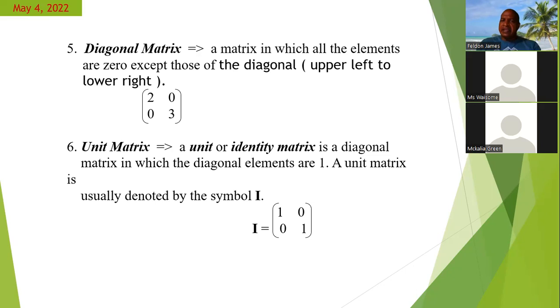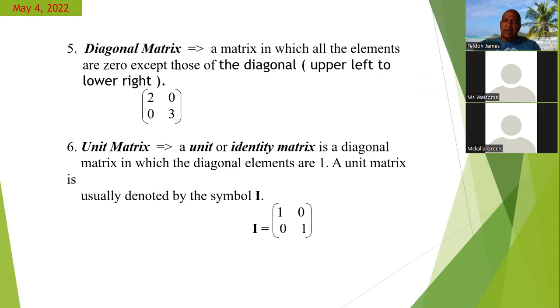So an identity is an element. In this case, it's a matrix. When you use this matrix to multiply any other matrix, you will get back the matrix that you multiplied by. So for that reason, this is called a unit matrix or the identity matrix. So the identity matrix does not change the value of a matrix when you multiply by it. You just get back the same matrix.